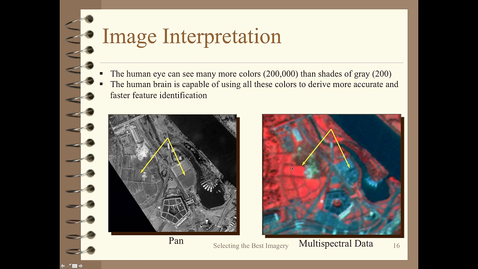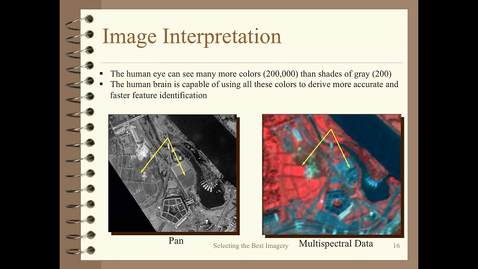Because of our ability to deal with color, and the fact that our eyes can only see about 200 different shades of gray, but about 200,000 different colors. And in fact, your computer monitor is capable of displaying 16.7 million colors simultaneously. We'll get down to that in a little bit when we start talking about radiometric resolution, so hold on to that if you've got questions about that.